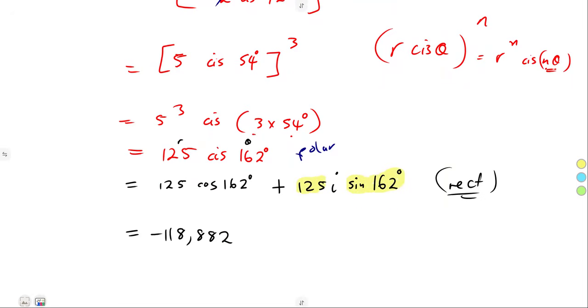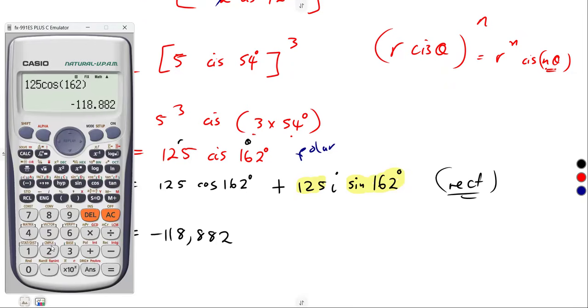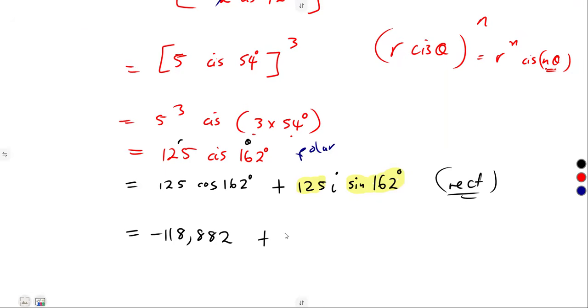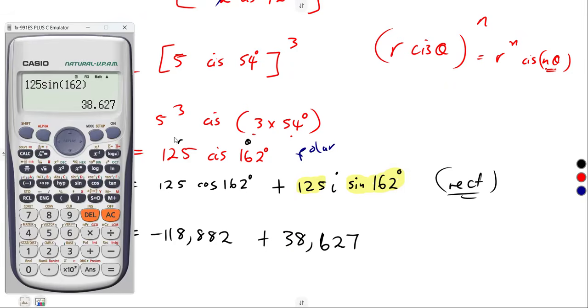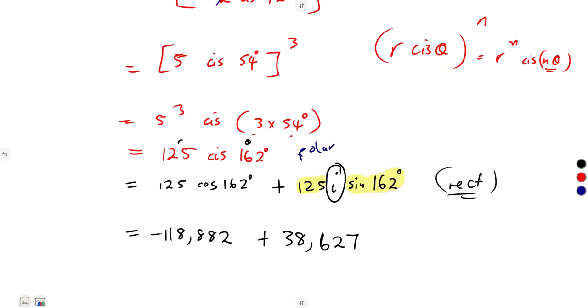The answer is going to remain with the i at the end. Sine of 162 times 125 gives us positive 38.627, with this i at the end. So you must have that one.